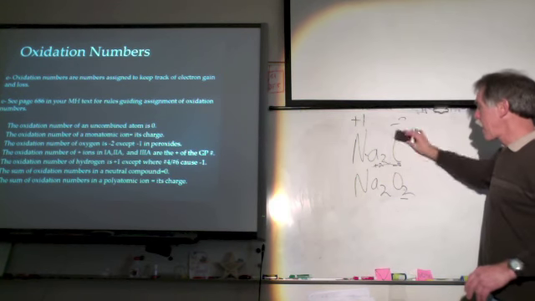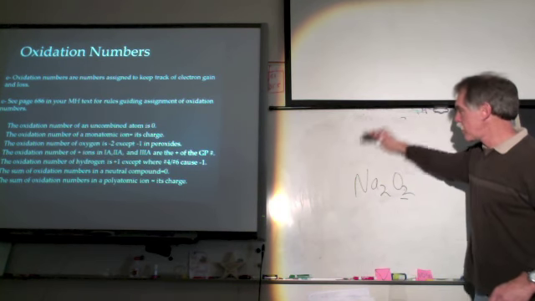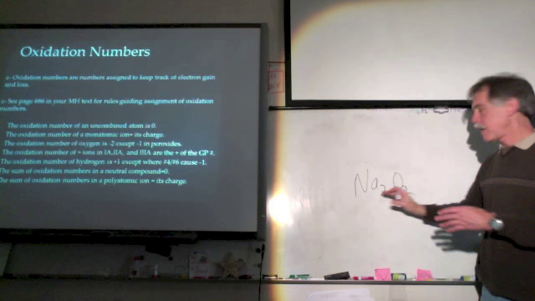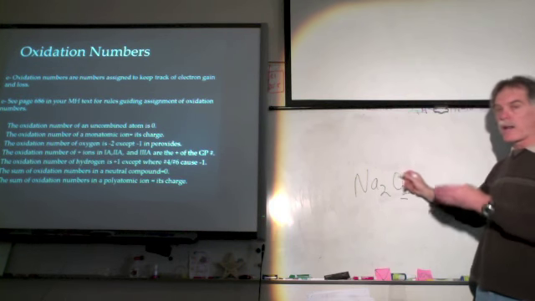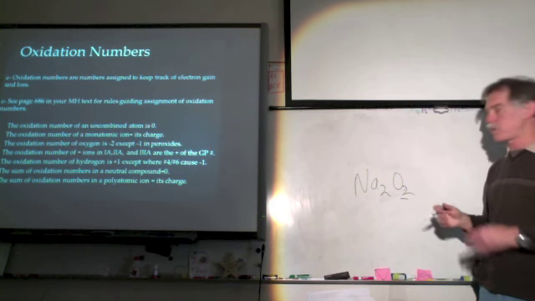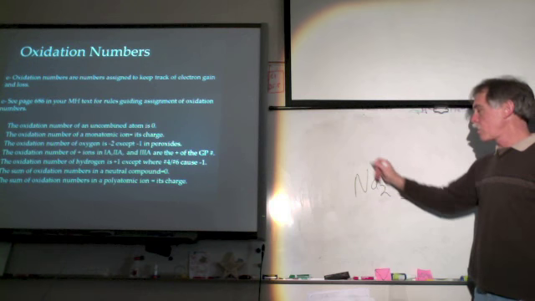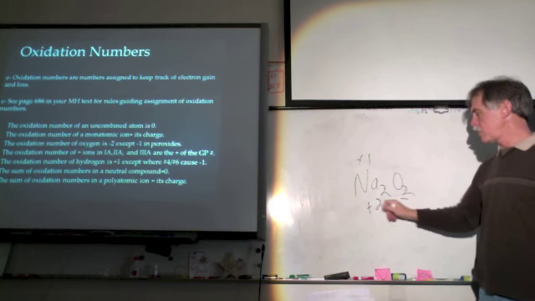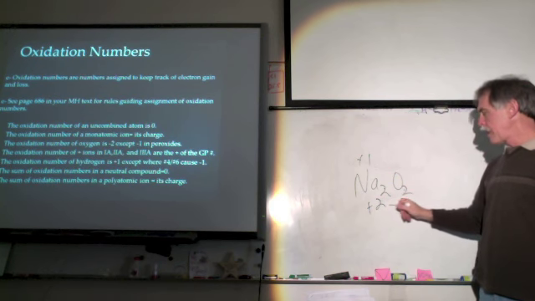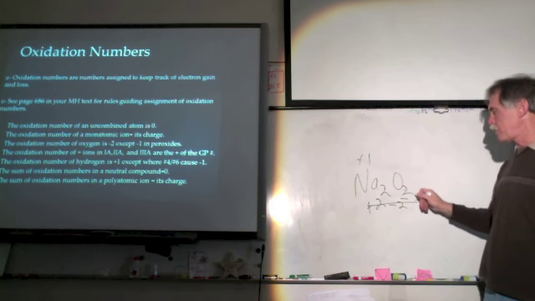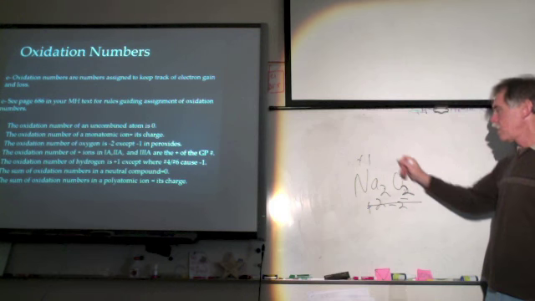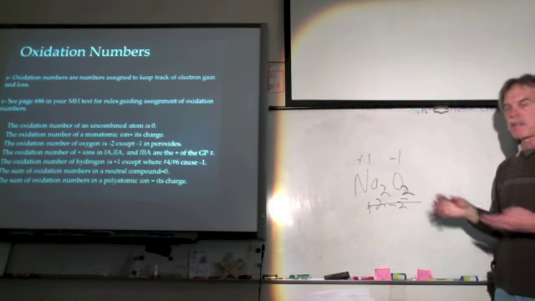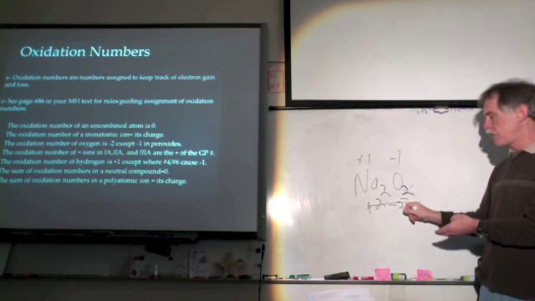Now we're going to see how that works with the peroxide. Sodium is in Na2 again, but we've got O2. Remember, we've got extra oxygen. So sodium is a plus 1. 2 times plus 1 is plus 2. And we need a minus 2 to be equal and opposite, but there's 2 oxygens. So we know oxygen has to be a minus 1. 2 times minus 1 is minus 2.